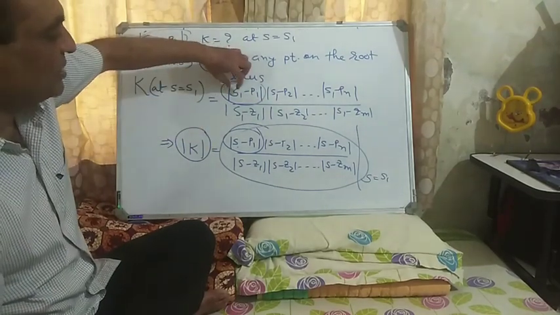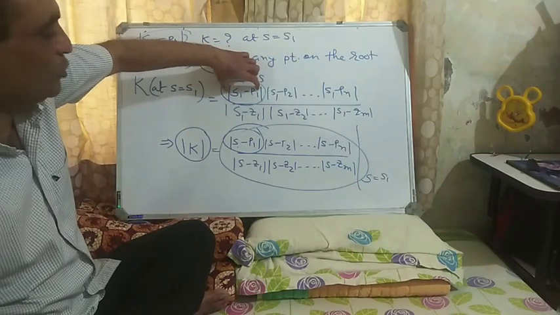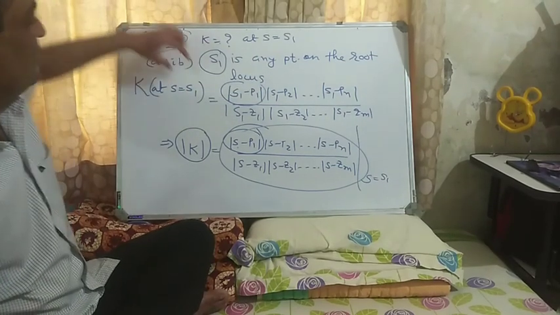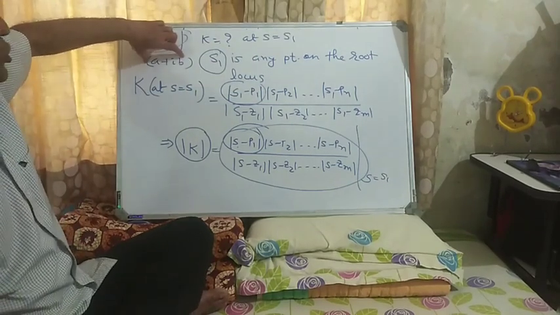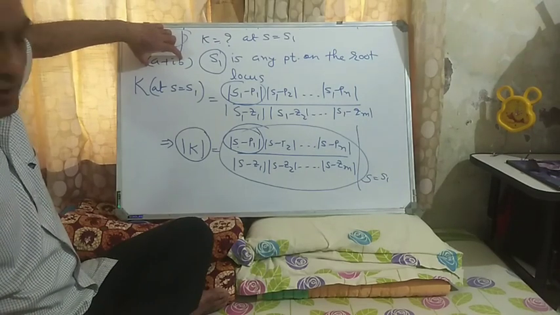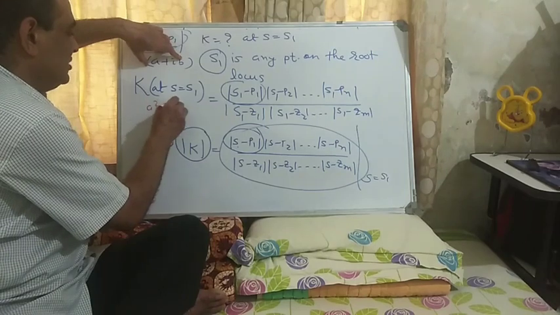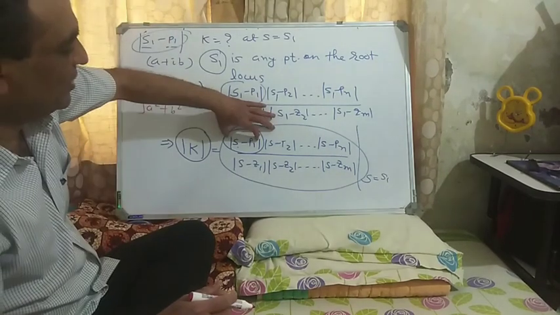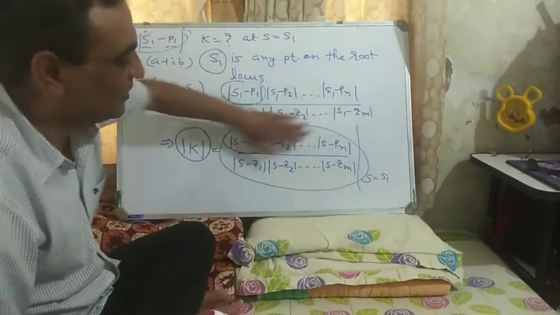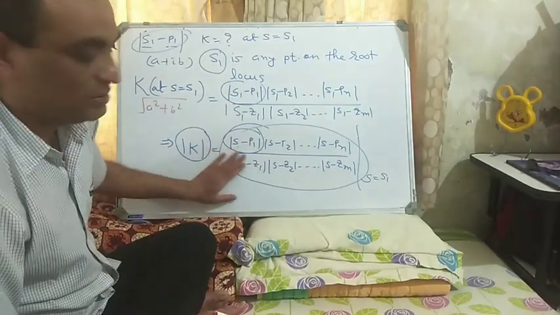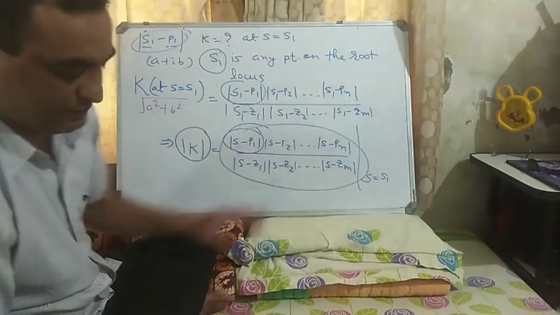To get s1 minus p1, we take the magnitude of this complex number, which is of the form a plus jb. The magnitude is the square root of a squared plus b squared. Similarly, you can find the other terms, multiply them, and divide by the multiplicative terms of the denominator.